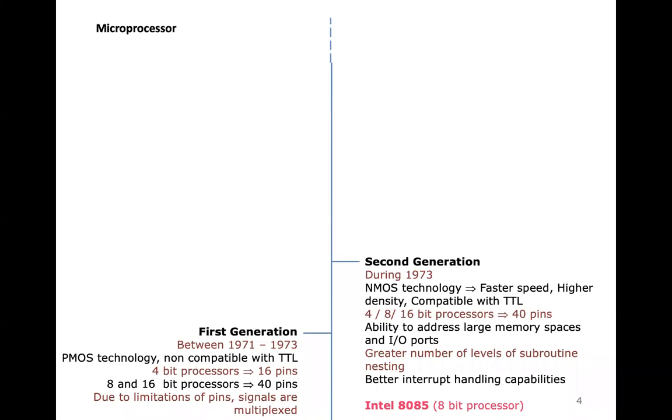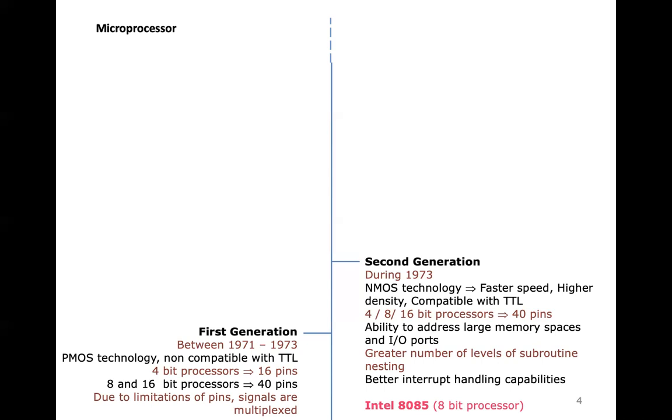How many memory locations are created in this processor? 4-bit means 2 to the power 4, so total memory locations are 16. And 2 to the power 8?